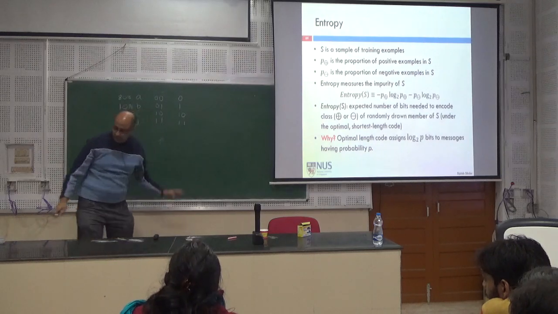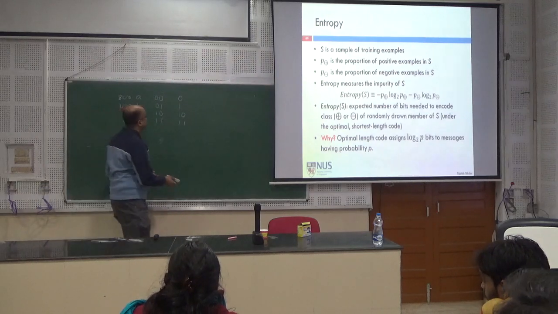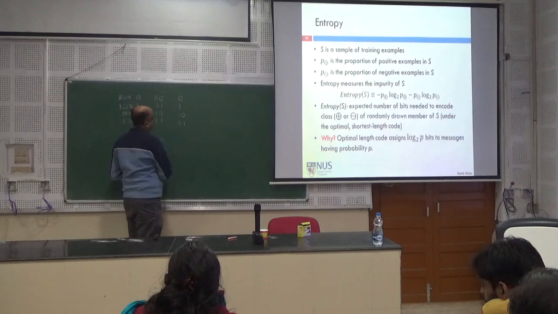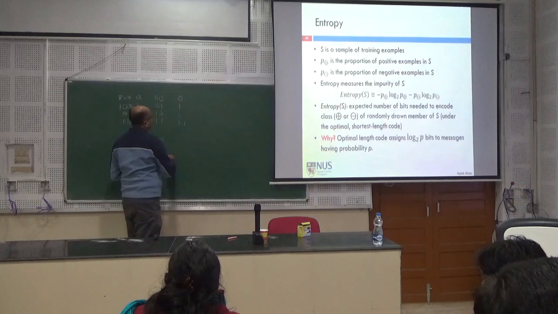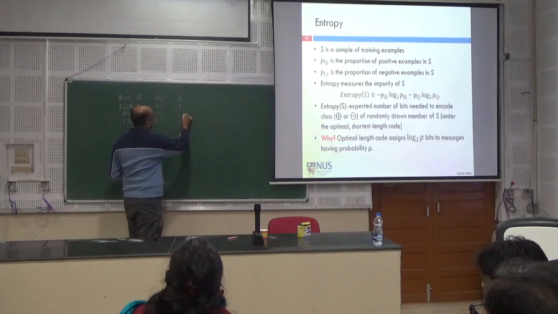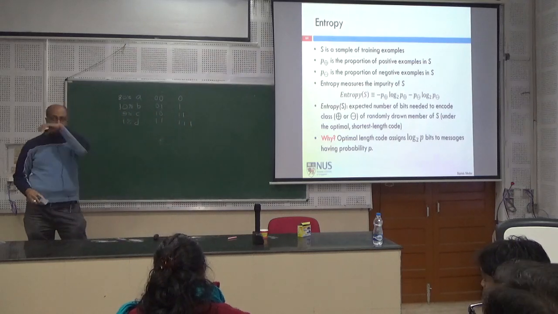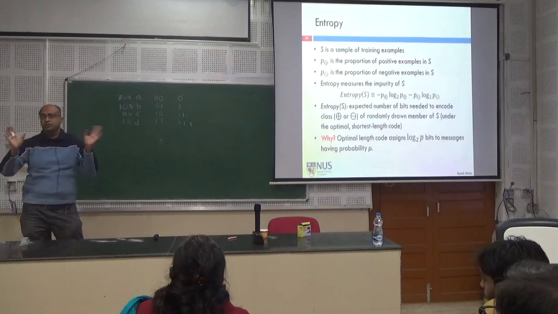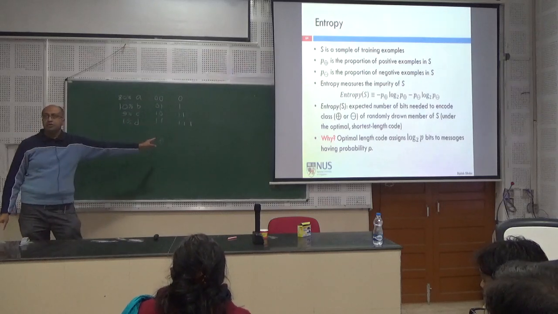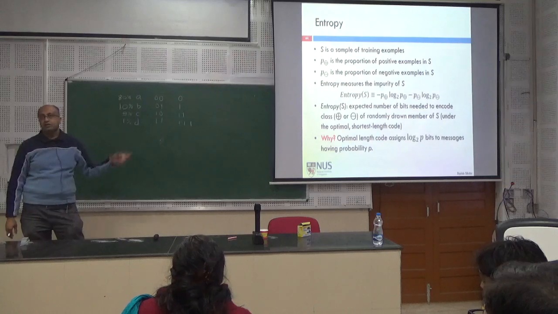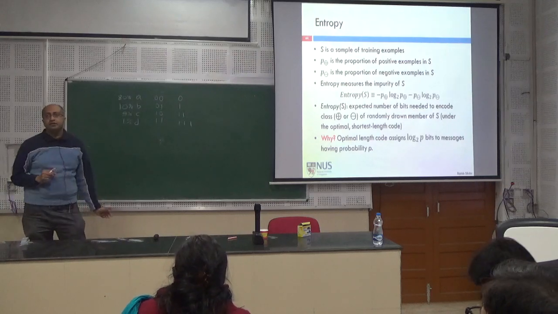Or rather, actually, this is not a right way of doing the code, maybe. This may not be a valid code. You can probably complain to me later that it is not a real code. But the idea is this.